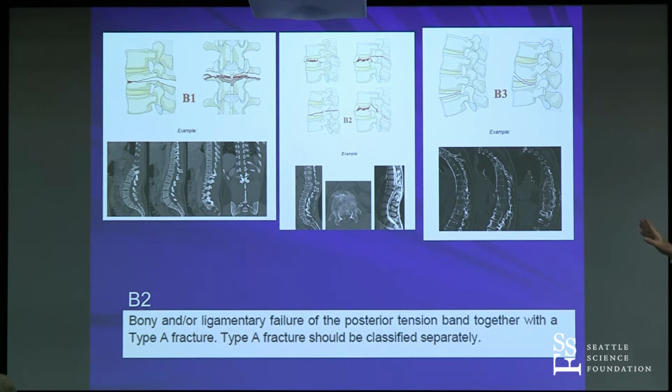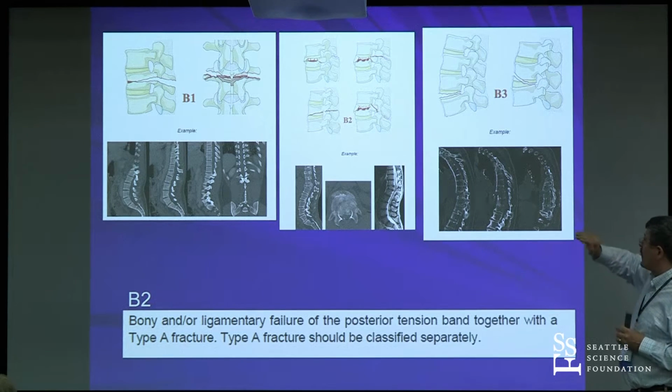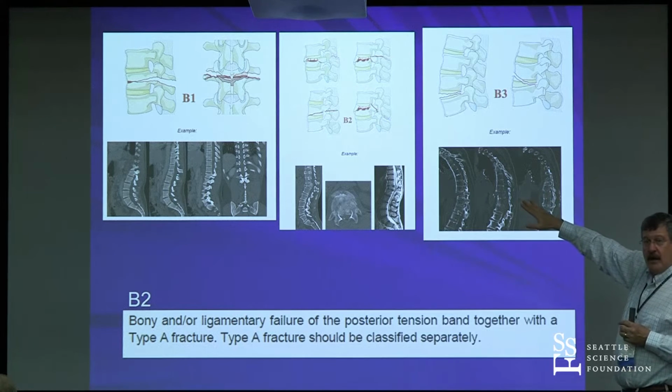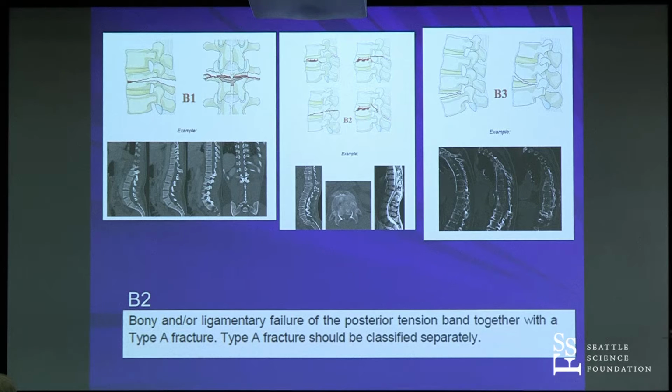The B2 injury was the disruption of the posterior ligamentous complex, the flexion distraction injury. It may have some A injury with it, but it could be disrupted purely ligamentously, partially bone, partially ligament. But this is by far the most common B injury.